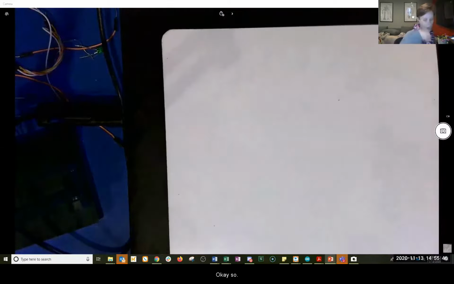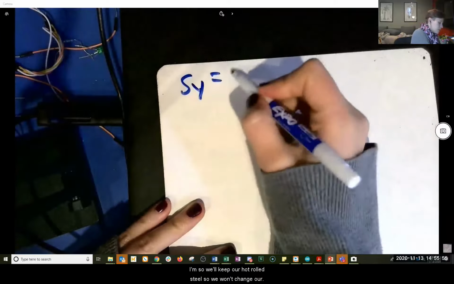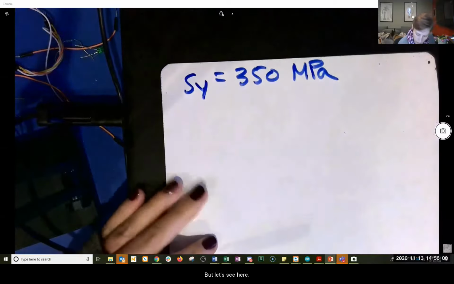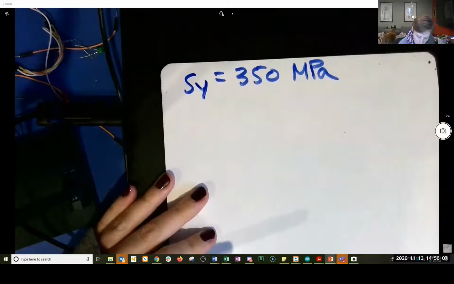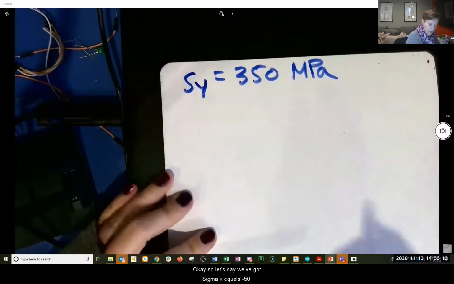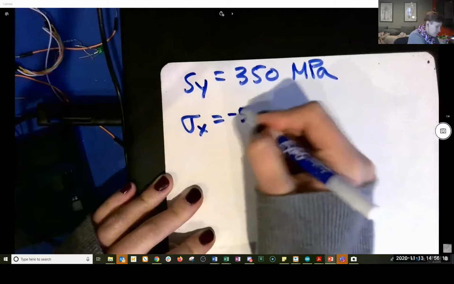Okay, so let's try a different example then, and let's do both. So we'll keep our hot rolled steel, so we won't change our strength. Okay, so let's say we've got sigma x equals -50.